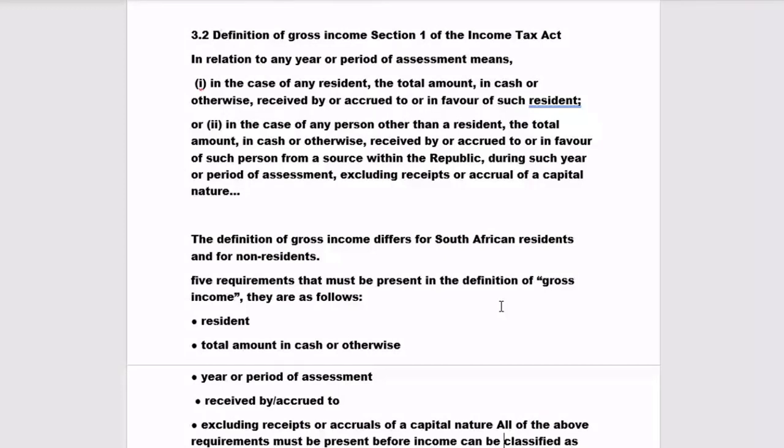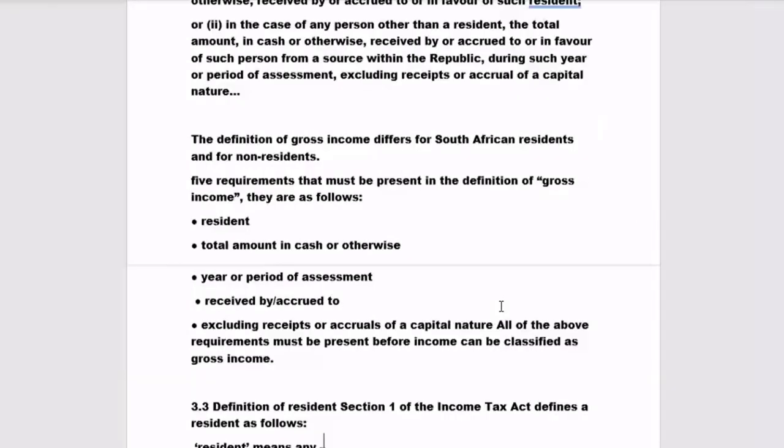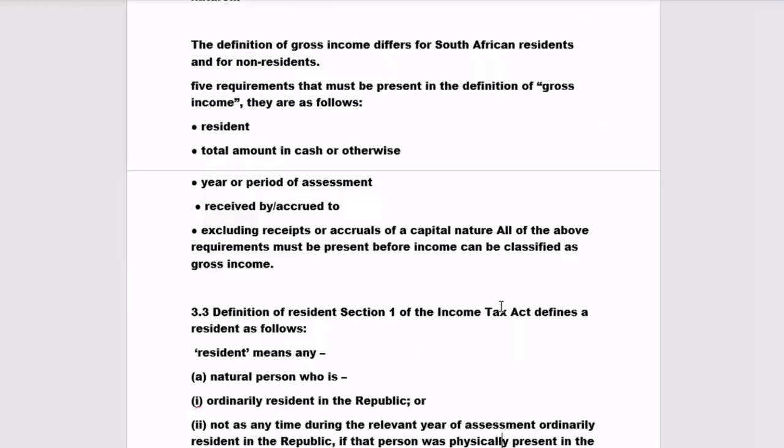Now we're going to look at the requirements that must be present in the definition of gross income, which are as follows. You must be a resident, and you need to receive the amount in cash or otherwise for the year or period of assessment, which is received or accrued, excluding receipts or accruals of a capital nature.